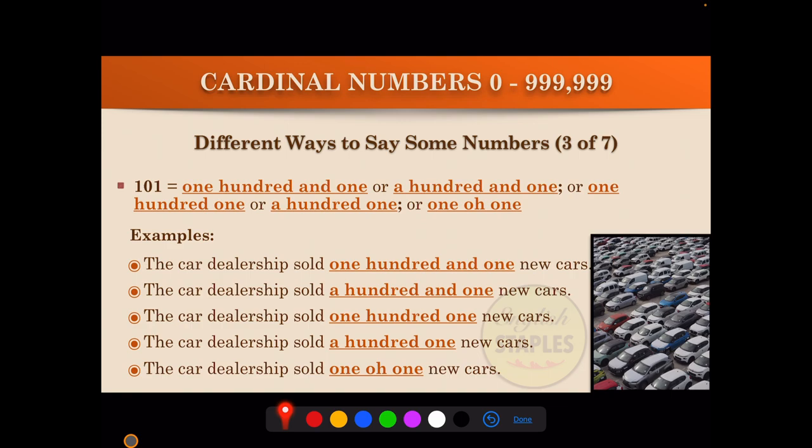They're all acceptable. Here, this is the parking lot of the car dealership. Car dealership is an agency where they sell cars.